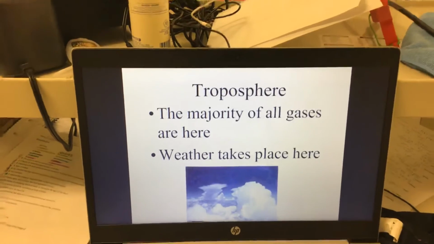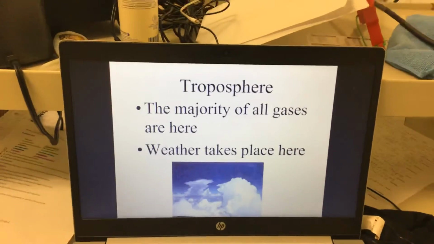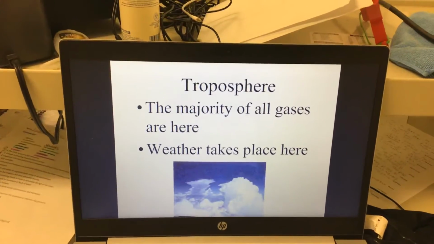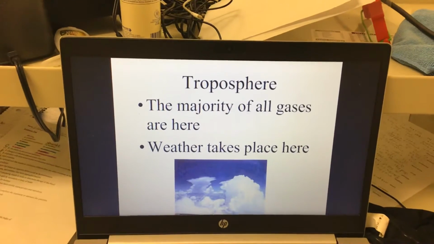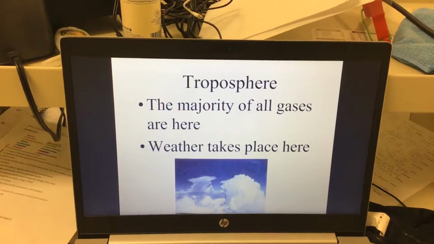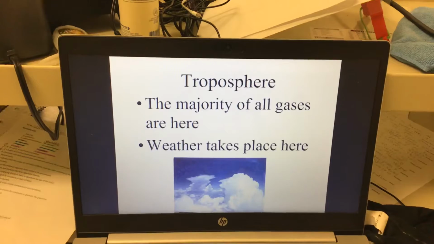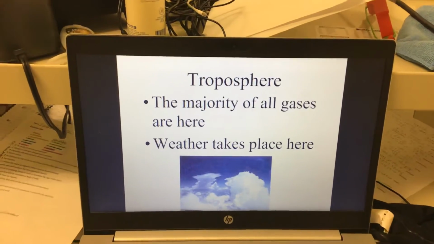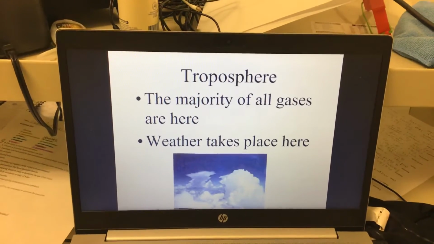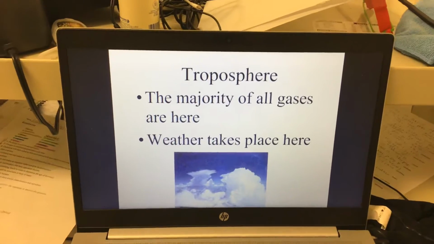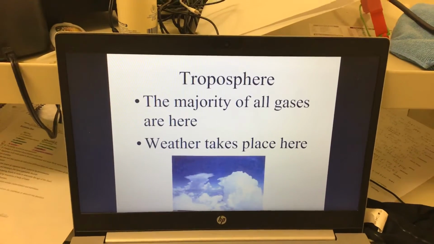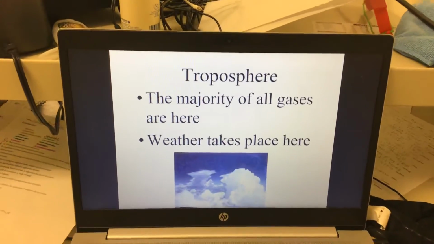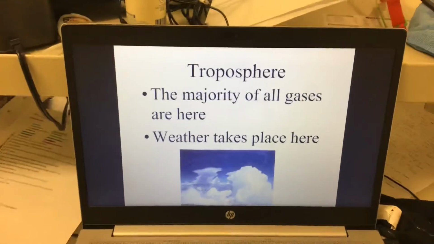So like wind is moving gases. Well, if the gases are close to the surface, so will the weather. Okay, clouds are water vapor and ice particles. Well, those are going to be close to the surface because they have mass. So the troposphere, the very first layer of the atmosphere, you're going to find lots of gases here, and you're going to find weather.